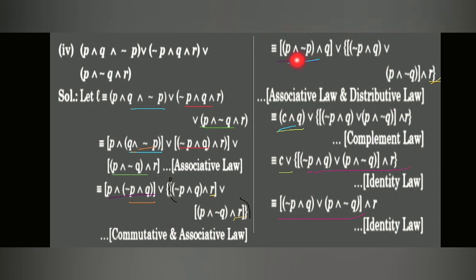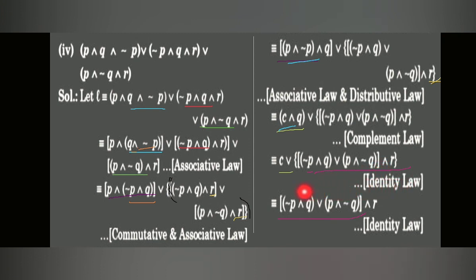Apply complement law to this bracket, P and ¬P is C, and this and Q write down as it is, and this bracket write down as it is, or in bracket this bracket write down as it is, and write here complement law. Now next use identity law. Identity law means C and Q is C. Identity law applied to this bracket. C means F, F and Q is F, but here we write C, and this bracket write down as it is here. Write identity law.